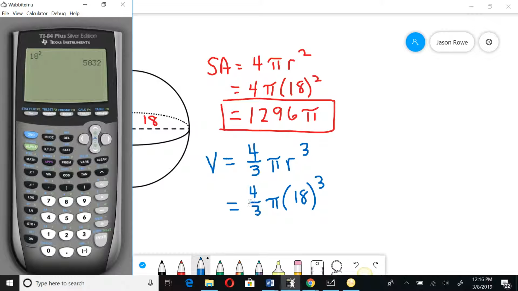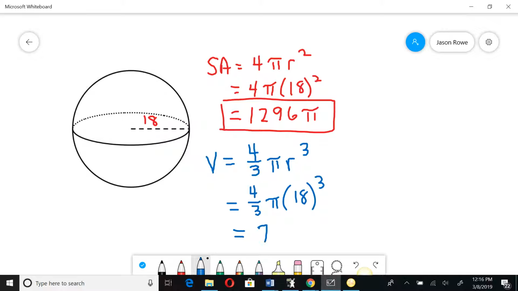Remember, the top number in this 4/3 means multiply. The bottom number means divide. So we're going to multiply by 4, and we're going to divide by 3. And so that gives us 7,776 pi. And again, I'm going to leave my answer just like that because I'm perfectly happy with an exact answer.